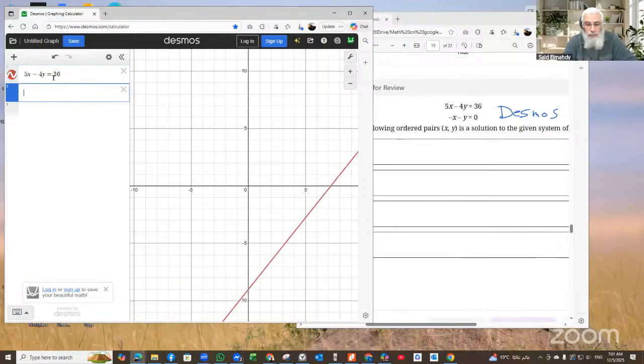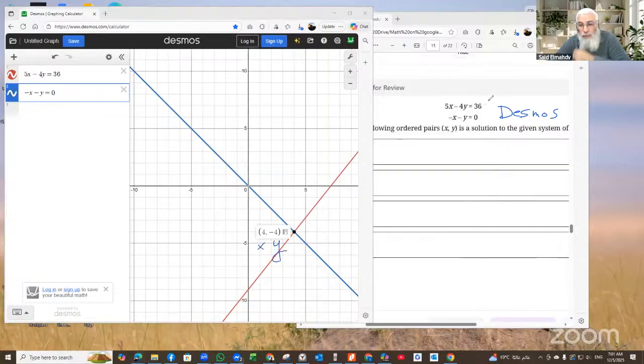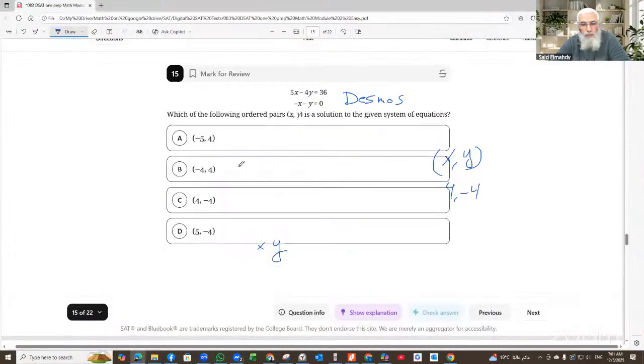The other equation is negative x minus y equals 0. So the solution is the intersection between the red line and the blue line. This is the solution. So this is x and this is y. It is said here x and y is equal to 4 comma negative 4. This is the solution.